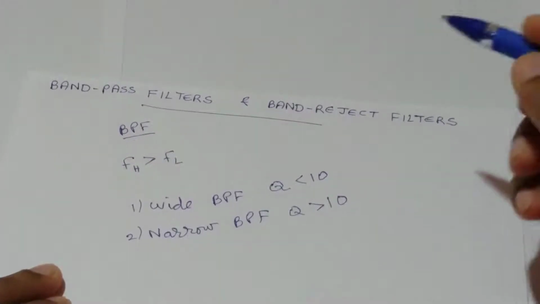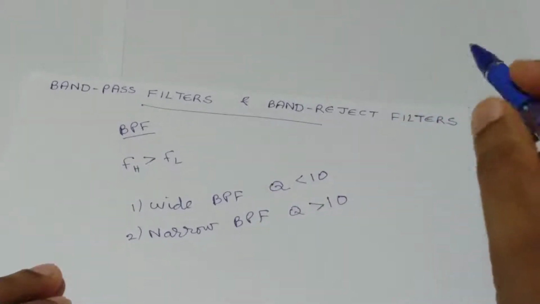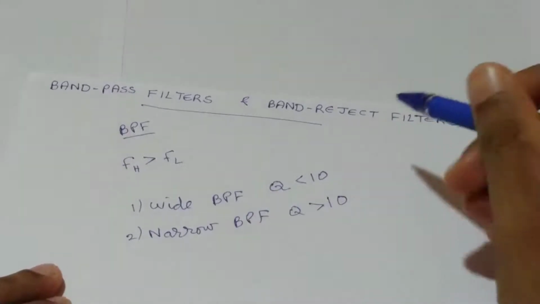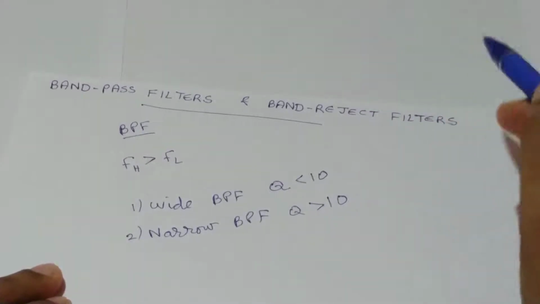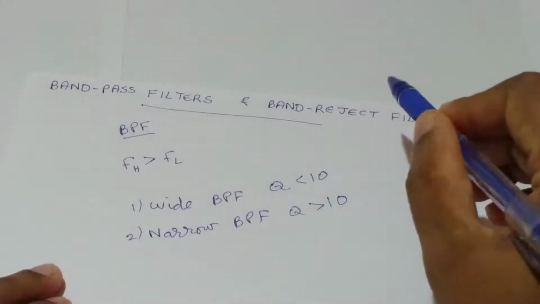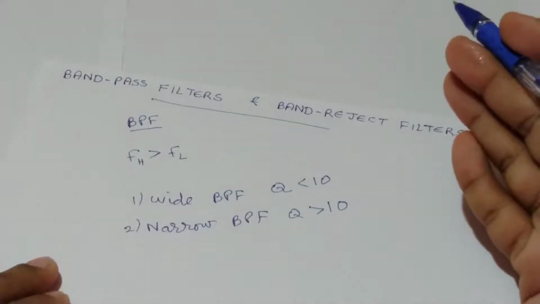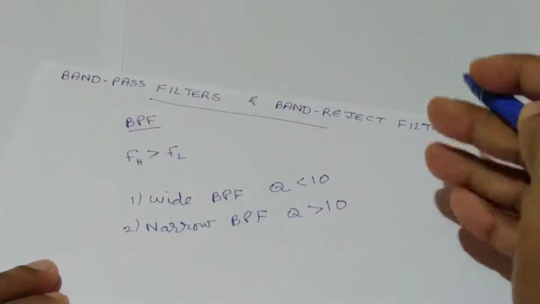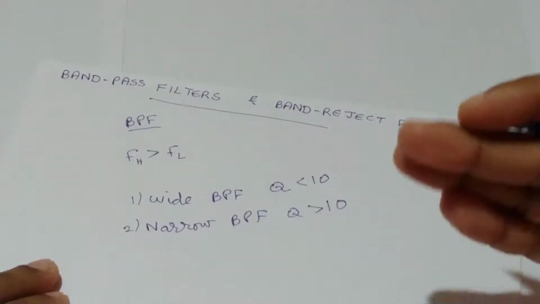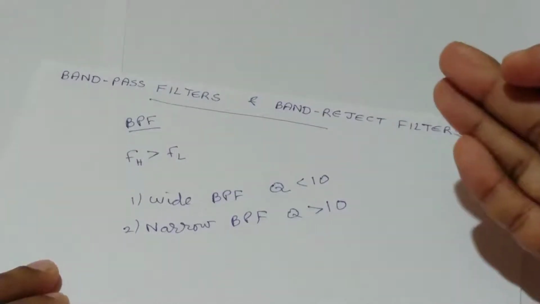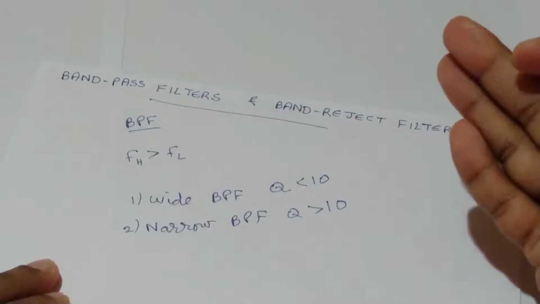Hence this quality factor Q is a measure of selectivity. That means the higher the value of Q, the more selective is the filter, or the narrower its bandwidth. As the selectivity of the filter increases, its bandwidth decreases. Okay, so as the Q value increases, the selectivity of the filter increases and the bandwidth of the filter decreases.